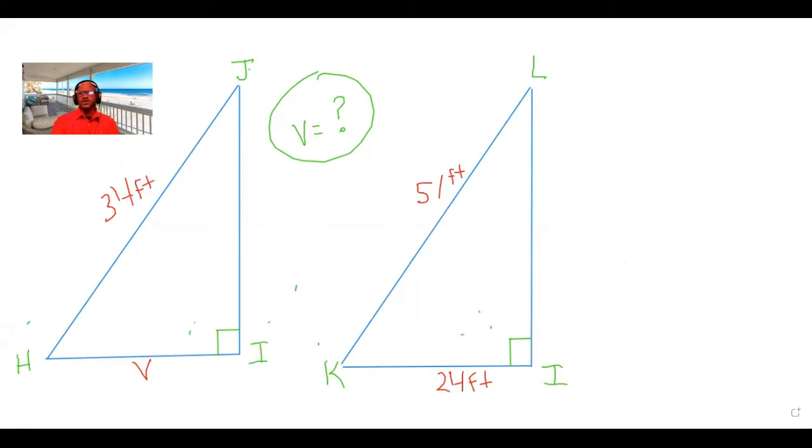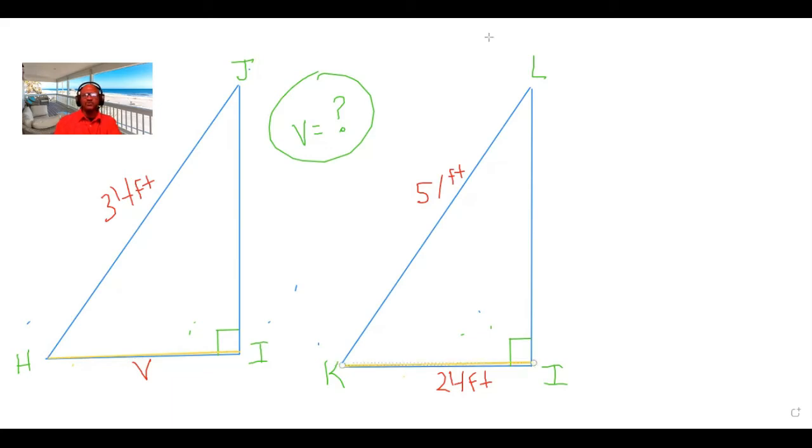And so the first thing I want to color code is HI. Let's look at HI here. Especially I want to find out what V is. So I'm gonna deal with whatever's in that place here. So that's V, and so HI corresponds to, yes, KI, right? So this one down here.